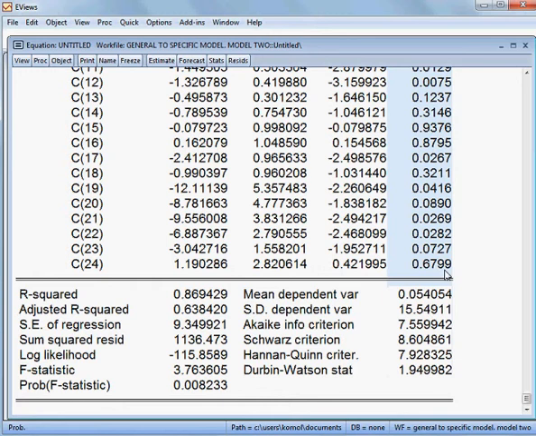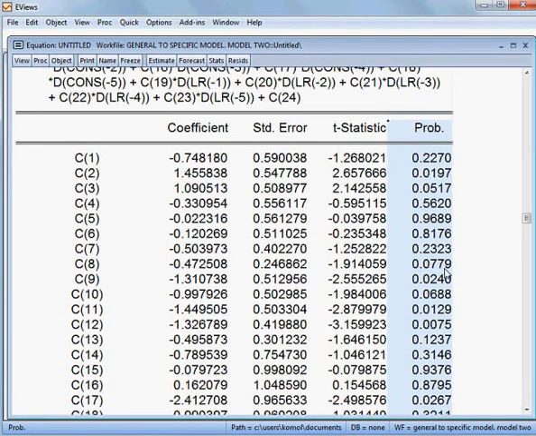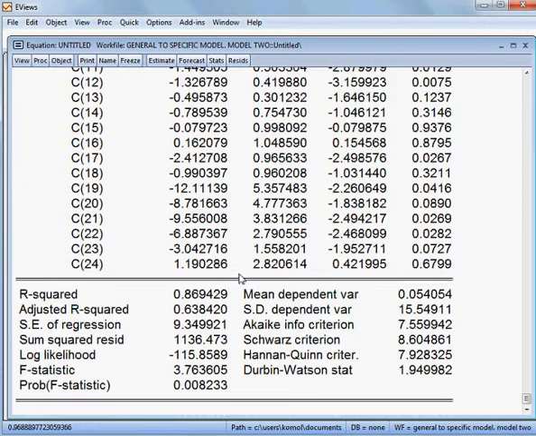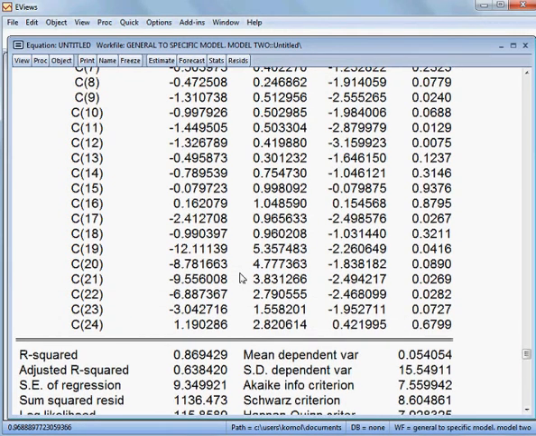For example, this divided by this, we get this t value, and we also get the p value. Okay, so this is my model of 24 coefficients.